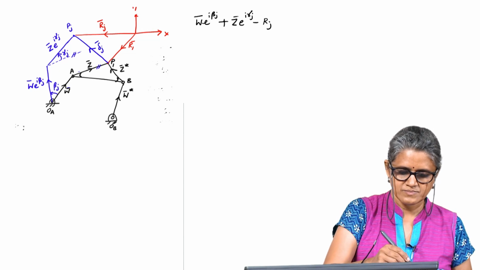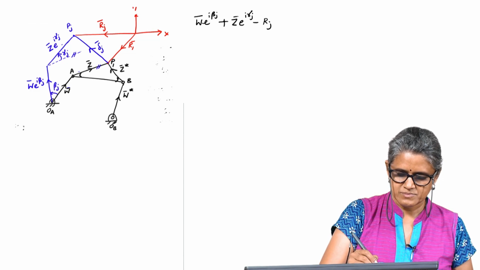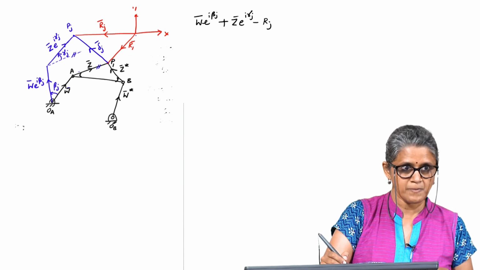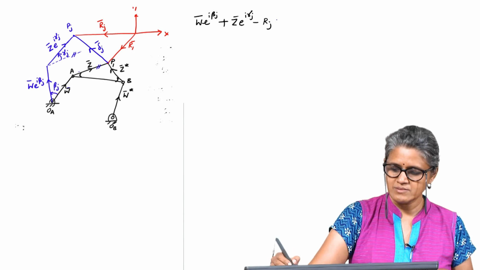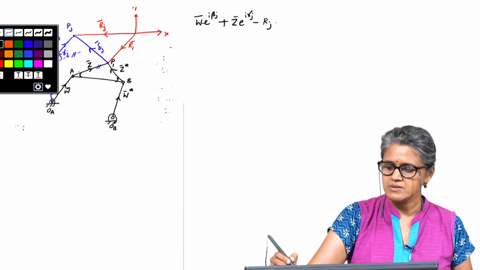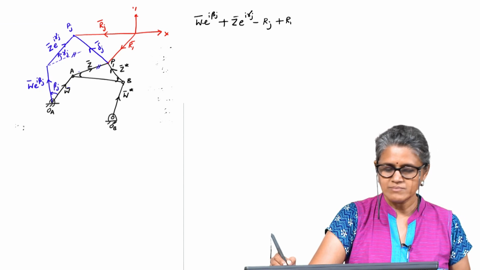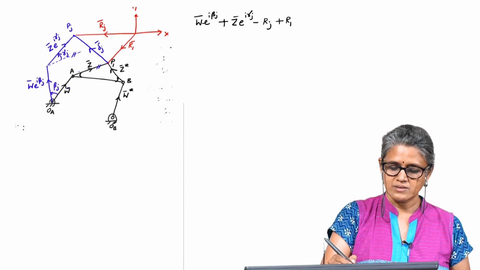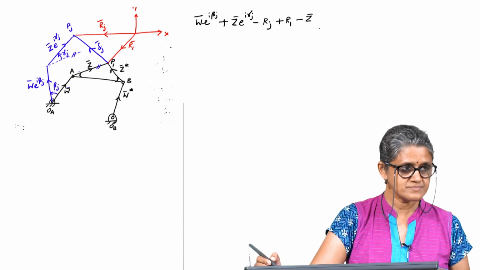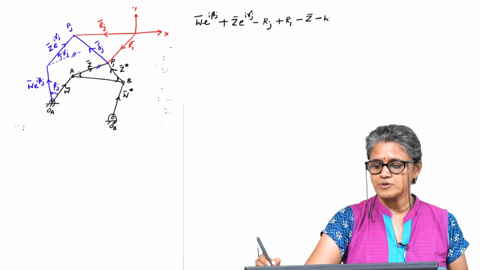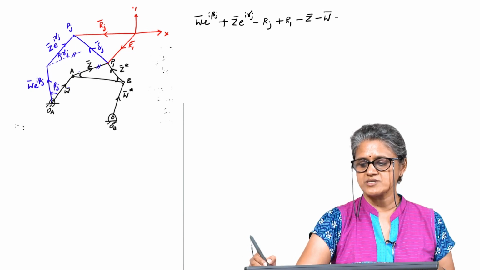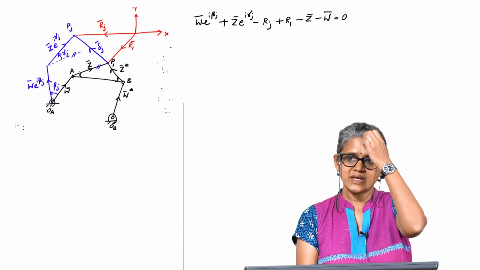So, this minus R j, then plus R1, minus Z, minus W. If I traverse this path, I come back to the starting position. I am back where I started.